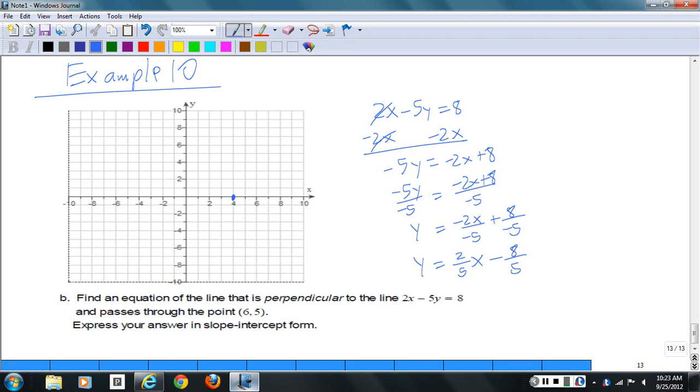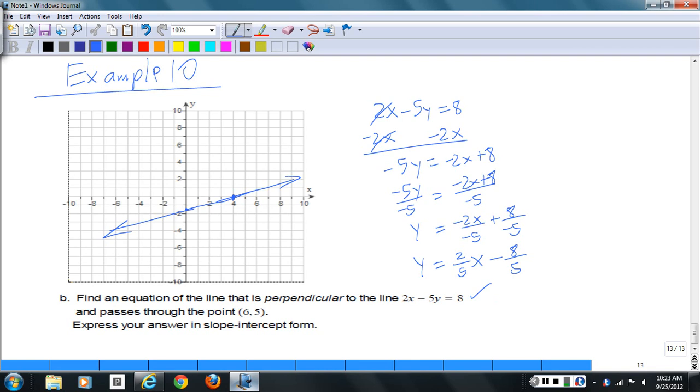Negative 8/5, negative 1 3/5 or negative 1.6. So we can put it right about there. If we put the y-intercept there and connect the dots with a line, that's the line whose equation is 2x minus 5y equals 8.